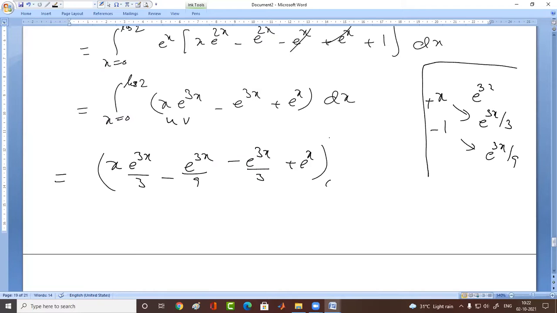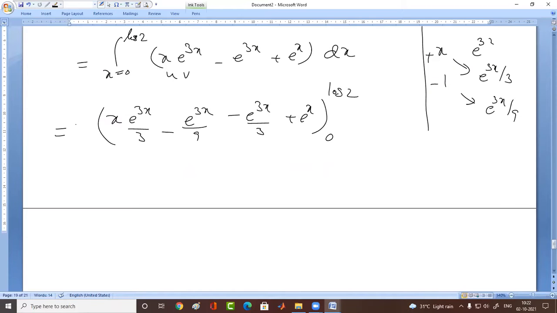Now 0 to log 2. If you put x equals to log 2, here e power 3 log 2 can be written as e power log 2 cubed, that is 8.